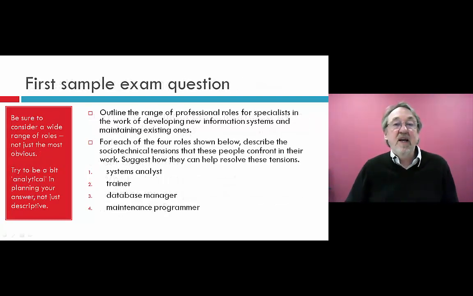You also get a first example exam question, which I'll leave you to read. There are too many words there. But note that the question is in two parts, as many exam questions are. First, asking you to describe a piece of knowledge you should have about professional roles in the development of new information systems, and then asking you to do a little analysis. For each of the roles shown below, describe the socio-technical tensions that these people confront and presumably help to resolve as they do their work.